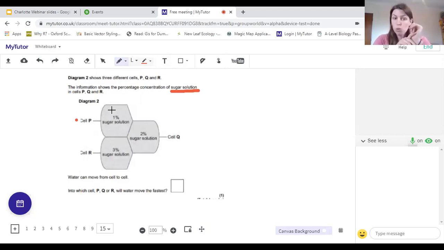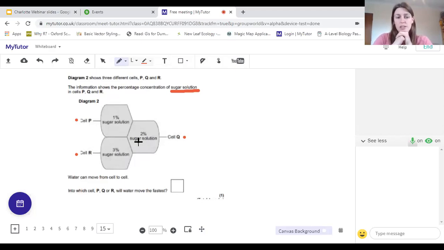So the rest is all water. So it's a high concentration of water, low concentration of sugar. 2% sugar solution in cell Q and 3 in cell R. They're all pretty low percentages of our solute in this case, which is sugar. They're very dilute. If they were a cup of squash, they wouldn't be very nice, they'd be very watery.